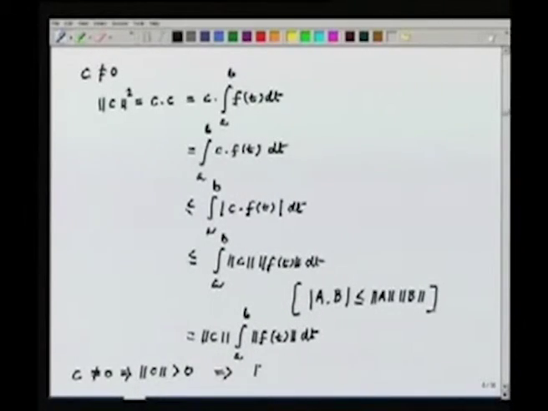If I do that, it implies from the above inequality that norm c is less or equal to integral a to b norm f(t) dt. Now, using this inequality, I will go to my next result. So, I call it a theorem.